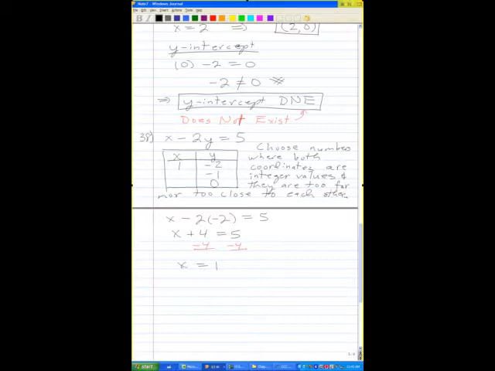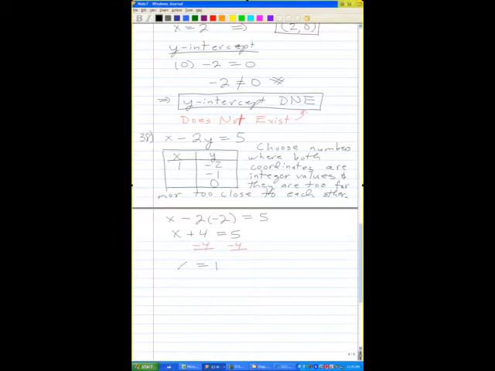So you don't want points too close to each other nor too far from each other, and you want to pick points so that both the x and y coordinates are integer valued. Now, that's of course the problem with this technique. In order to figure all that out, you have to know what the graph looks like. So in order to graph it, you have to know what the graph looks like. In the next section, we'll give you an additional technique, differing techniques where you don't have to choose points, such as this. Okay, so x is 1.